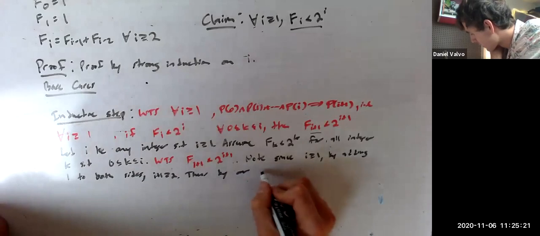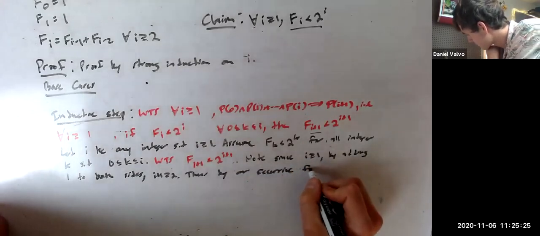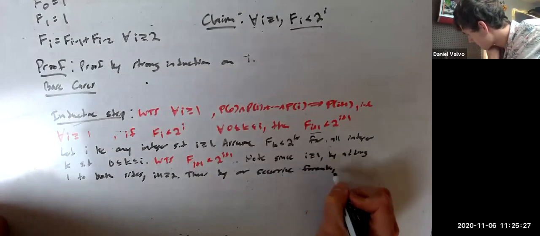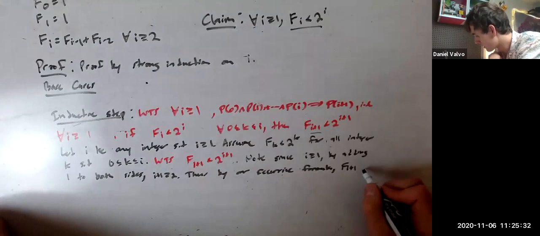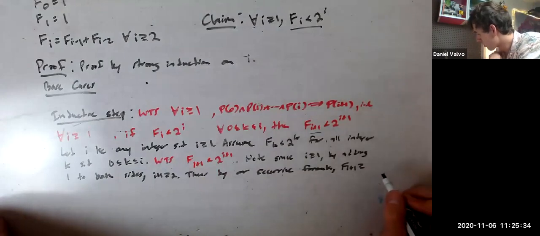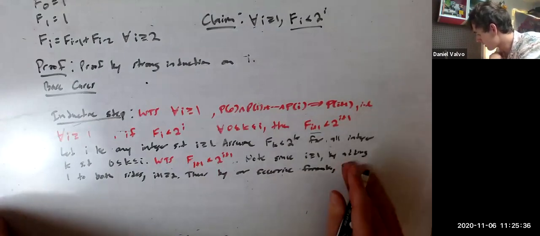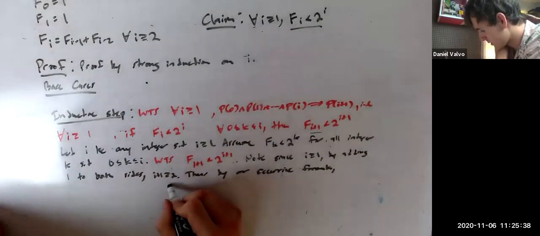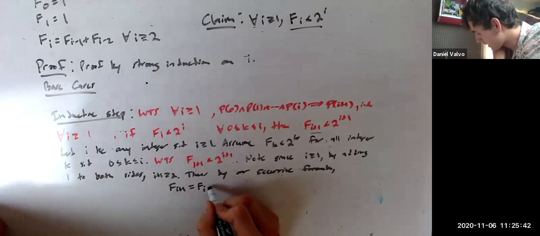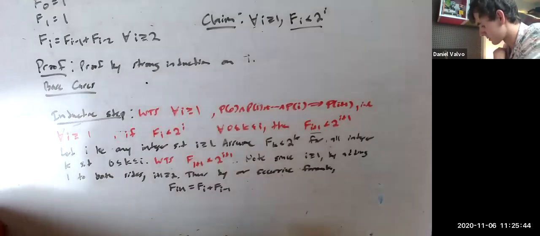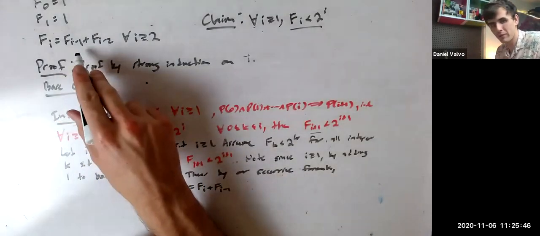Thus, by our recursive formula, f of i plus 1 is going to equal f of i plus f of i minus 1. It's the sum of the two previous terms.